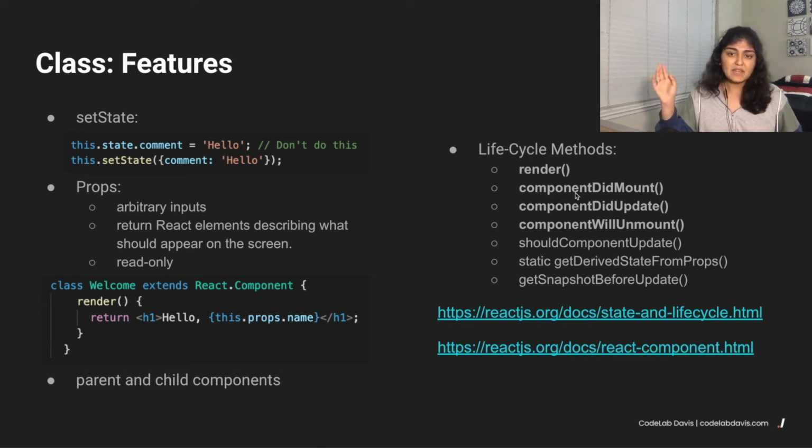It would clean up any timers that probably started in the component, or it will stop listening to any backend requests and invalidate any further ones. The last three are very rarely used, and if a Stack Overflow answer does happen to use any of them, you can go to these documentation links, which would also be in the key takeaways on the Notion page.